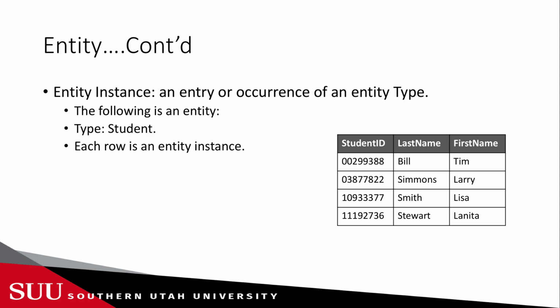So the type of the entity is student, and each one of those records is what we call an entity instance. So again, the main entity, which is the entity type, is student, and then this is one instance, this is another instance, third instance, and then the fourth instance in this case.